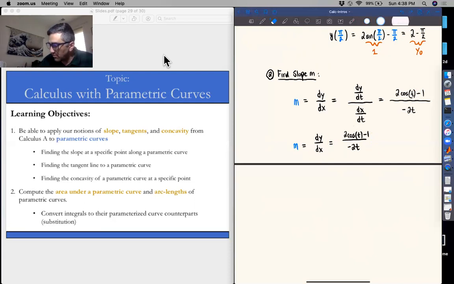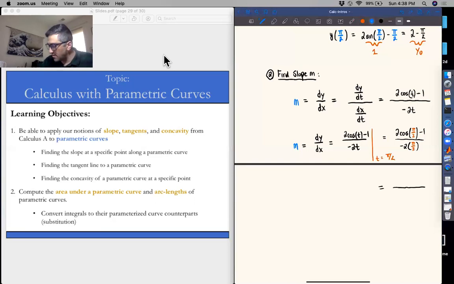All right, and the last thing we would need to do here, if we're interested in this slope at a particular point, we need to evaluate this slope at the t value associated with that point, which in this case is pi over 2. So if we just plug in pi over 2 for all the t's, we have 2 cosine of pi over 2 minus 1 in the numerator, and in that denominator, we get minus 2 times pi over 2, which we could reduce to the following.